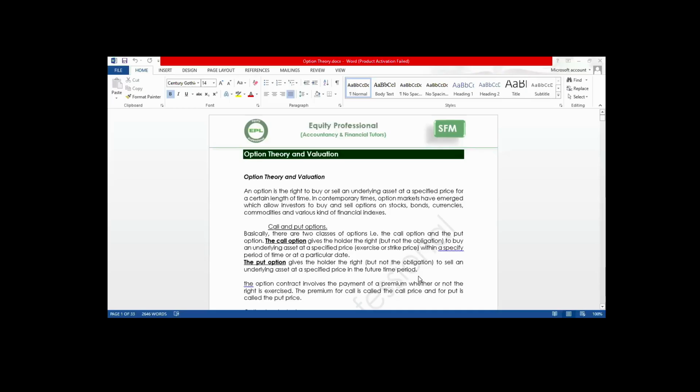This option is a right to buy an asset or a right to get an asset.